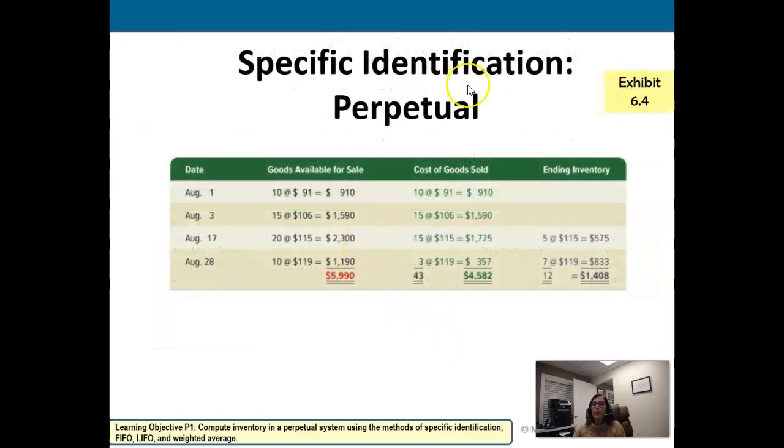Now, this specific identification method, we're going to do that first. And what I said about the physical flow of goods doesn't really apply to the specific identification method because, in fact, we are going to track the items through our inventory very specifically. So if we're a car dealer, we're going to know how much we paid for that particular car that we've sold. We're not worried about the average price of the Toyota Corollas and assigning a weighted average or the last batch of Corollas that arrived on our lot.